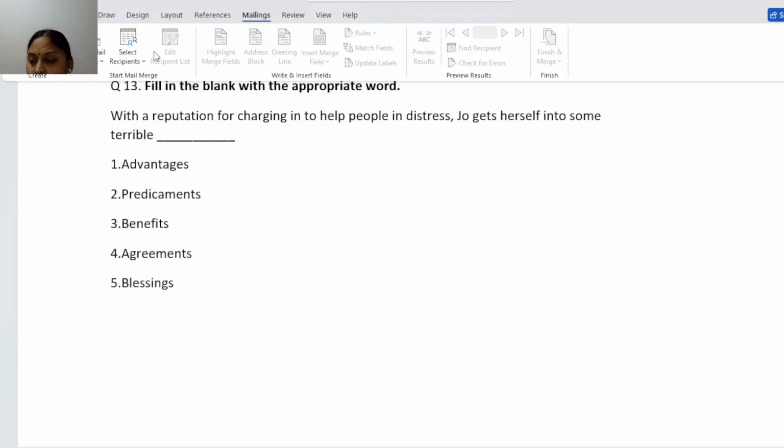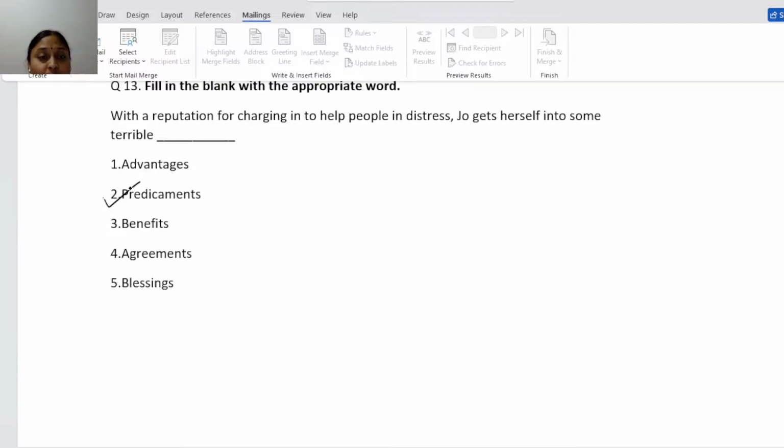So regarding this, we see predicaments will come. Advantage, benefit, arguments, blessings, all these come relevant to one thing.